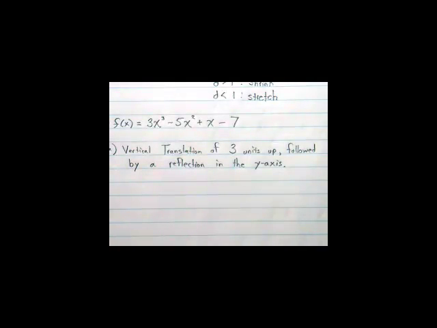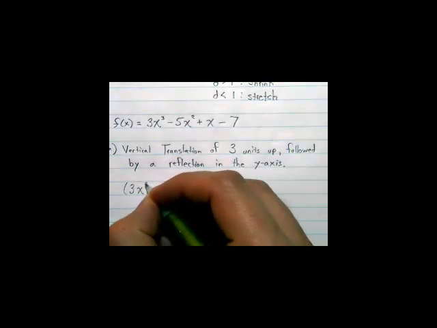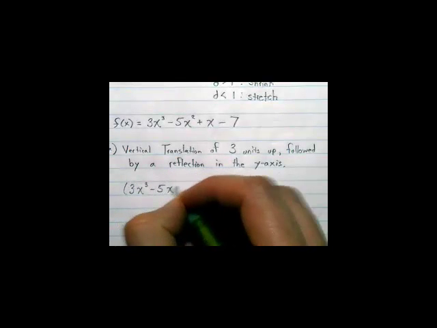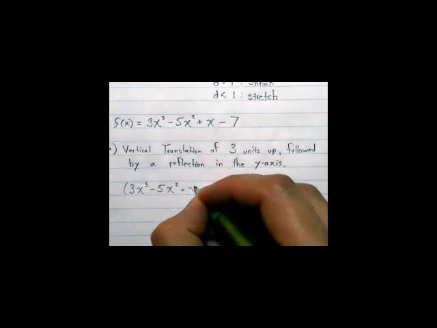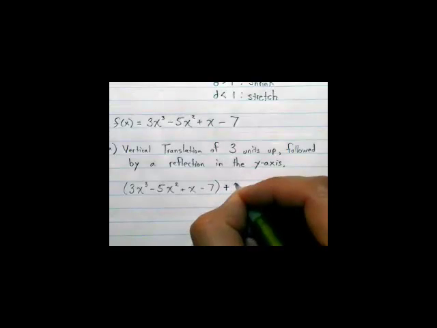Okay, so first things first, if I'm going to move this thing up 3 units, how am I going to change it then? Jake? The negative 7 turns into negative 4. Okay, because we're going to add 3 to the entire thing. So we take 3x to the third. Now for some of you guys, this might look like overkill, but this is just to drive home the point.